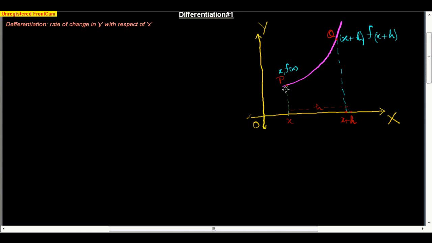Let us see, if we draw the tangent at point P, the tangent would be like this. And if we draw another tangent here, it would be like this.